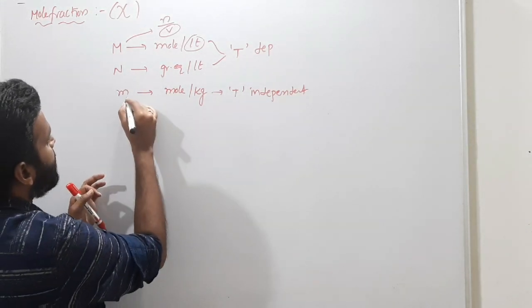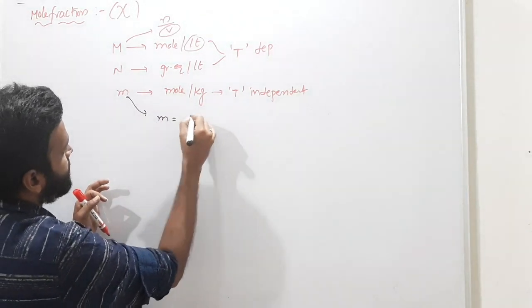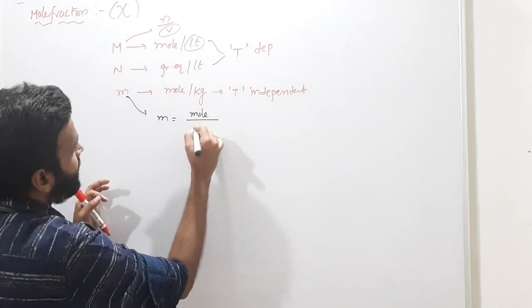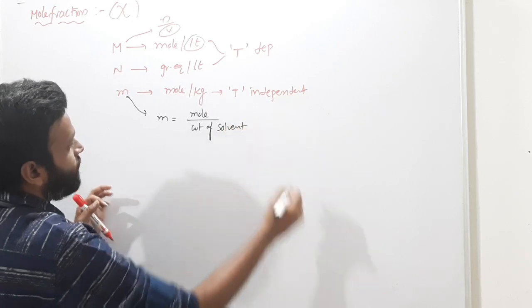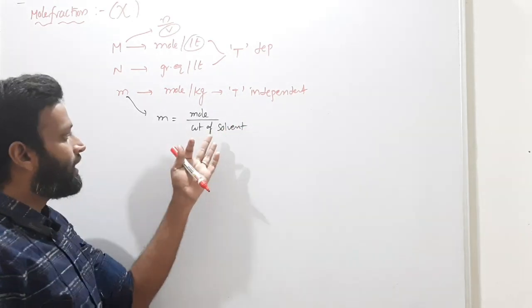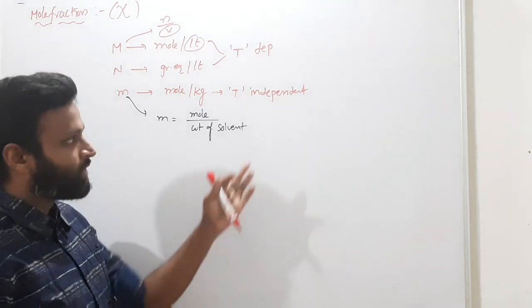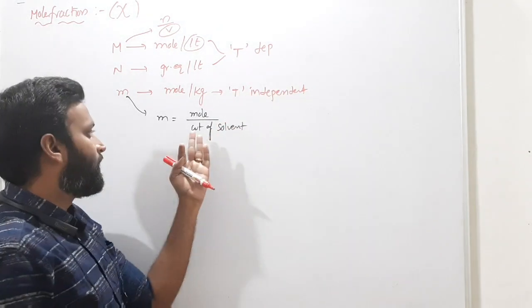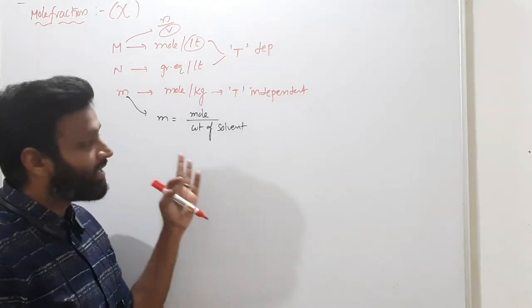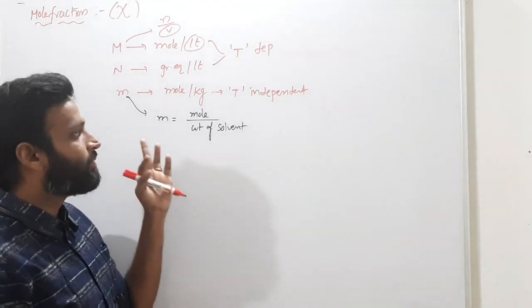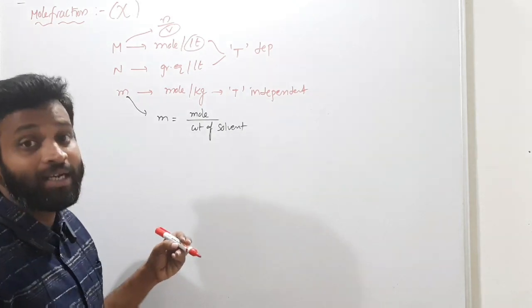You all know. Molality is equal to moles by weight of solvent. So in molality there is no volume term. Even if you change the temperature, there is no volume term, so no difference in the molality value. Certainly molality is temperature independent.